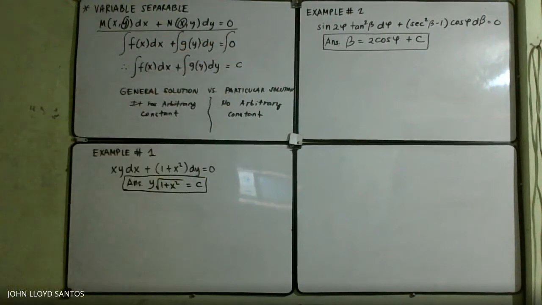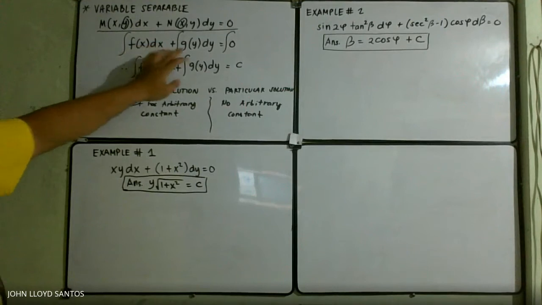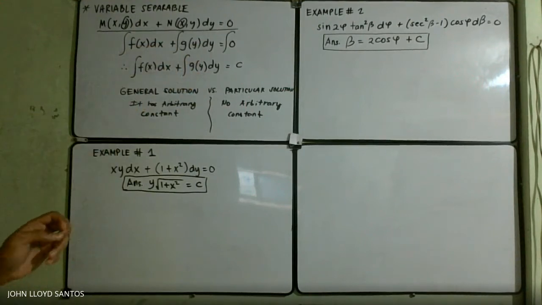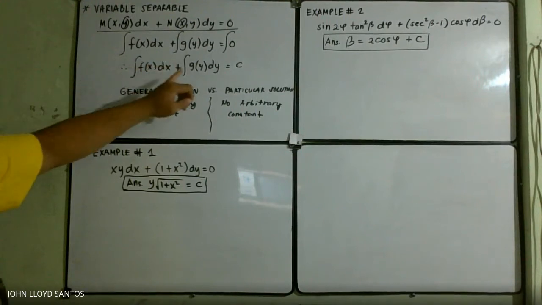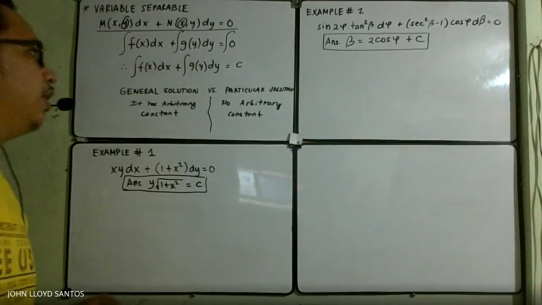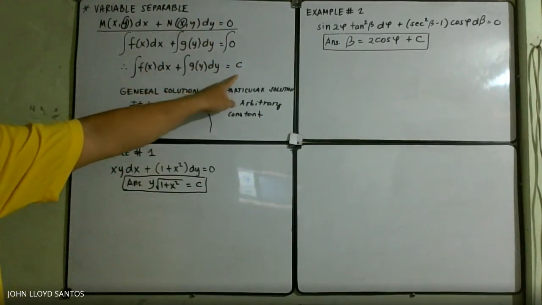And then pwede na tayo mag-apply ng integration kasi we are now integrating with respect to x sa x and then y sa y. So therefore, we have an integral of f of x dx plus integral of g of y dy is equal to a constant, arbitrary constant c.